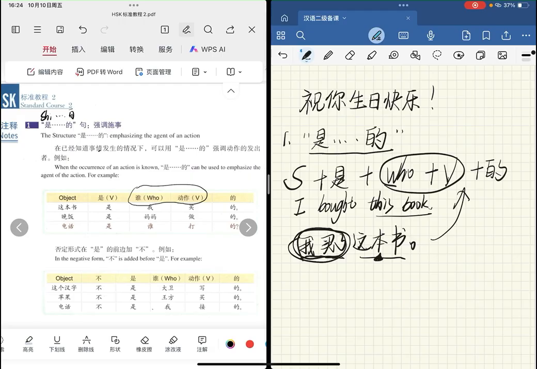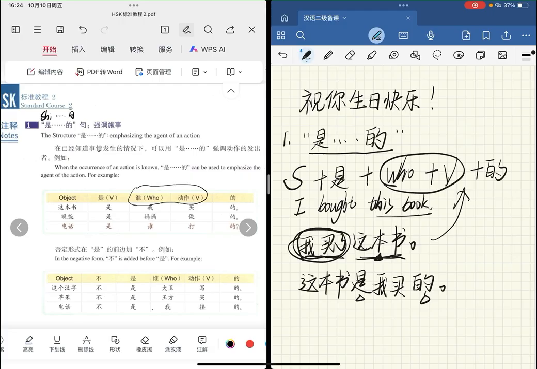So now I need the object as the subject. 这本书 this book, 是, okay, it's the emphasis part. 我 is the doer, the verb 买的。这本书是我买的。So if you want to emphasize that I was the one who bought it, I can use this pattern.